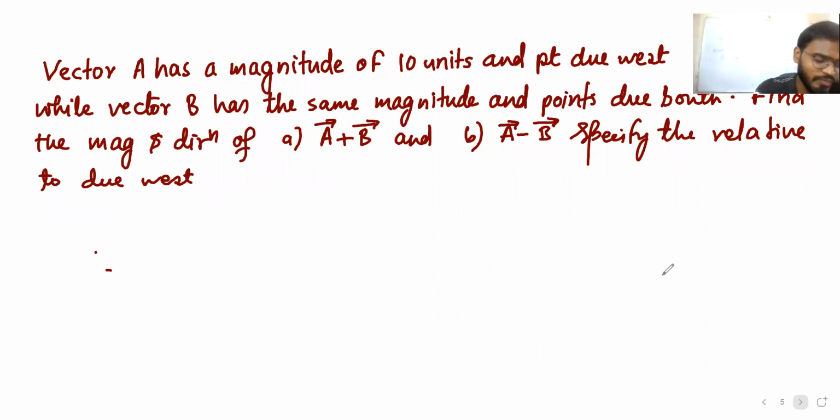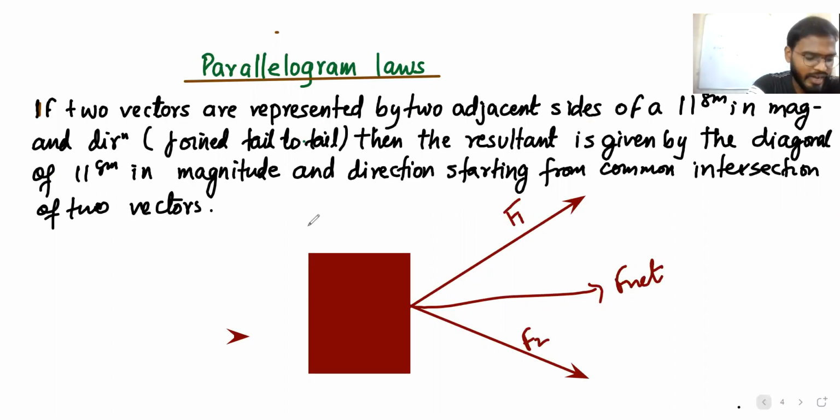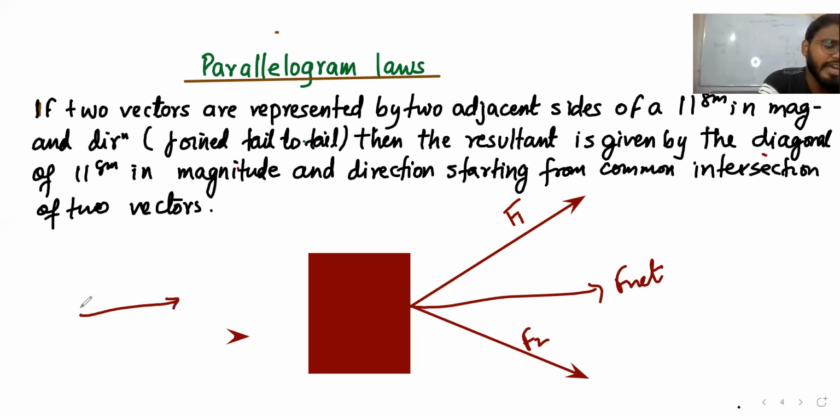Anyway, let's see the vectors: one vector A, another vector B, and then the resultant of the given vectors is the parallelogram diagonal.